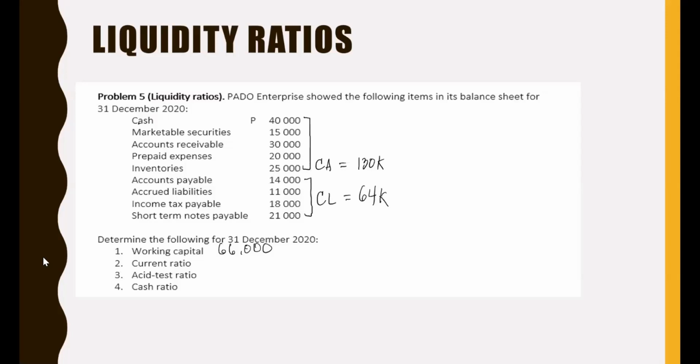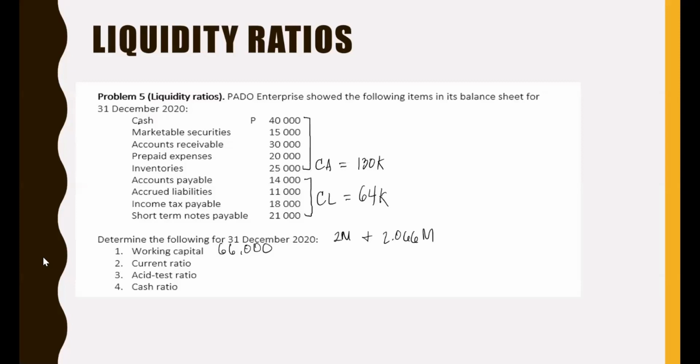This is because this 66,000 is an absolute amount that can pertain to the difference between, let's say, 2 million and 2,066,000.